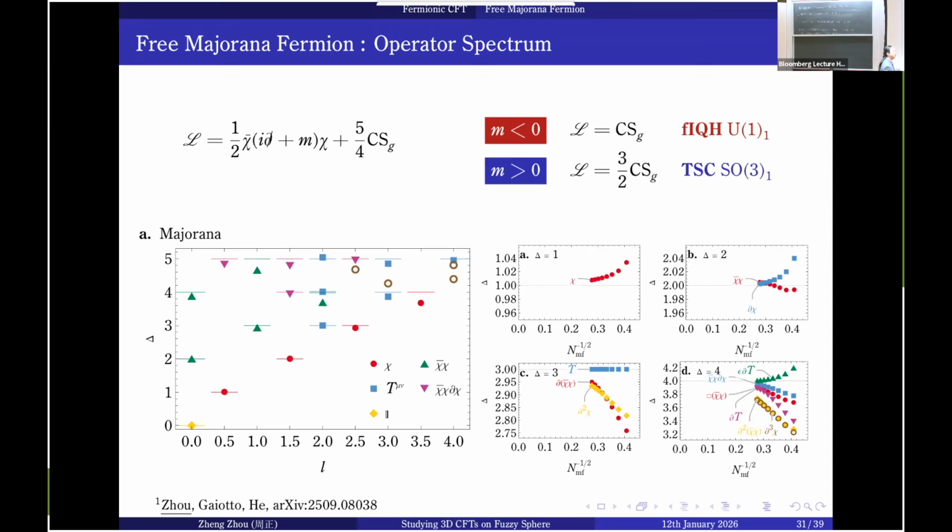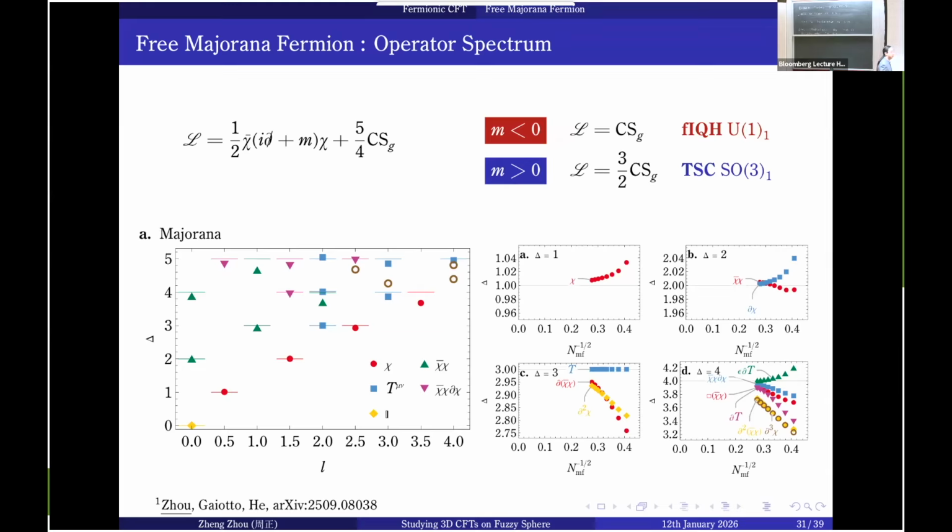I think it will be the box operator. For the Majorana, all the operators with finite Lorentz spin are forbidden, so you can look at only the spin zero sector.